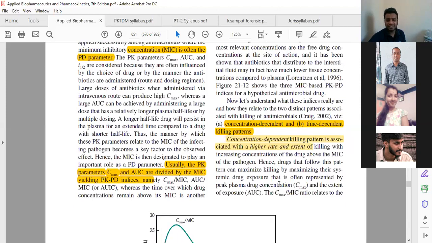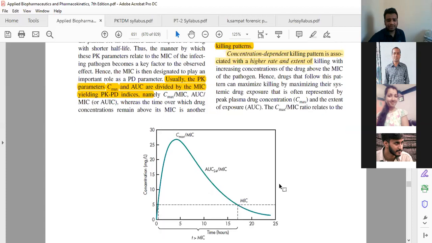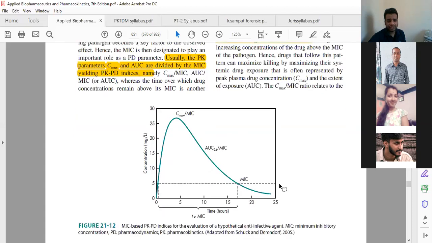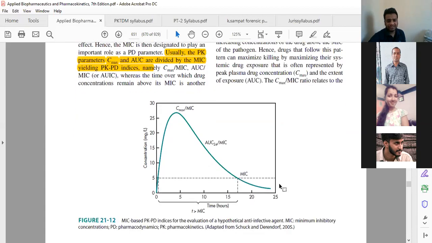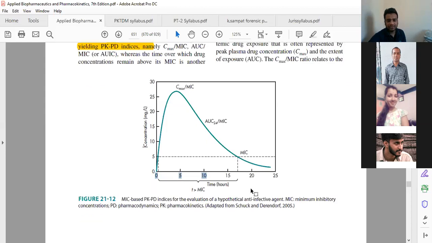This is a graph which shows MIC-based kinetic dynamic indices. Here you can see for this time period the concentration remains over MIC, and based on this you can predict the efficacy.